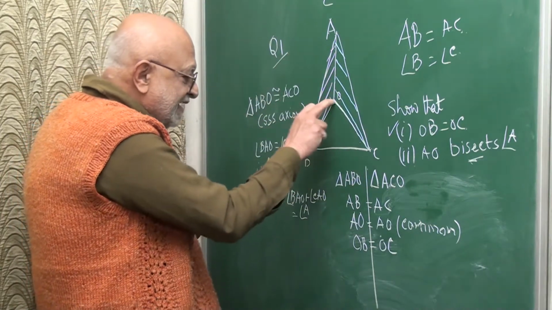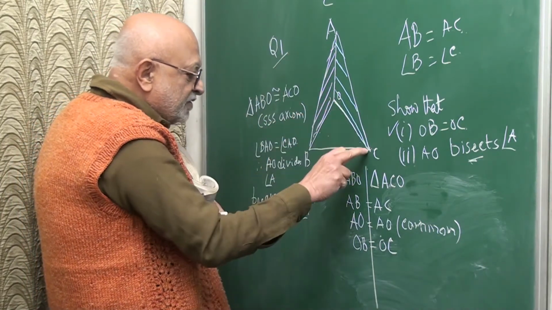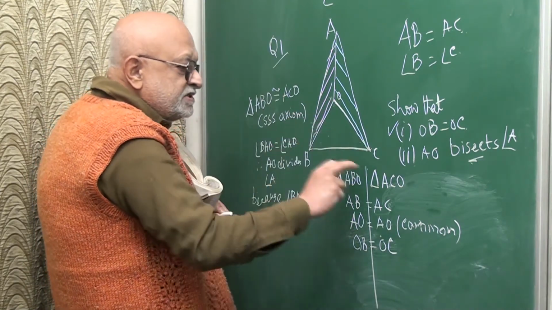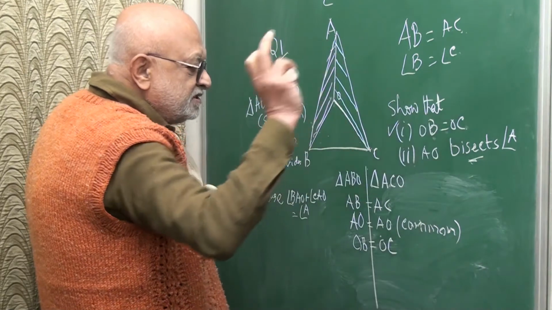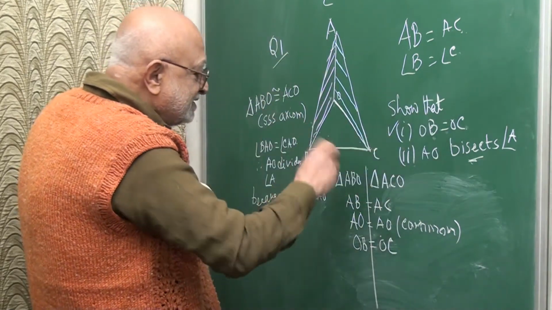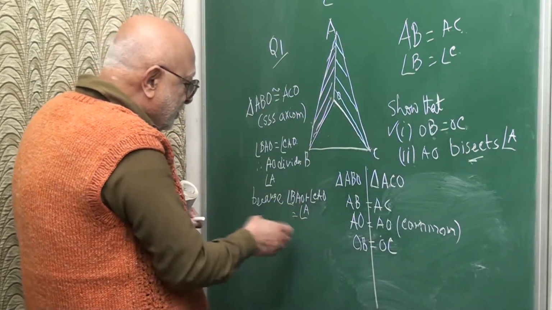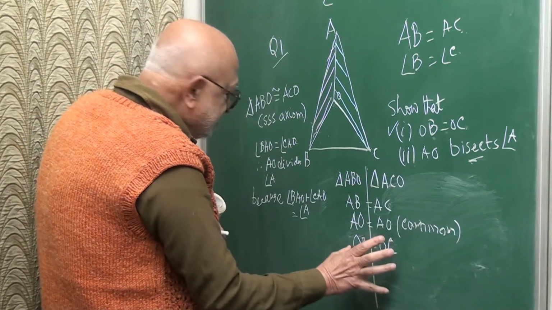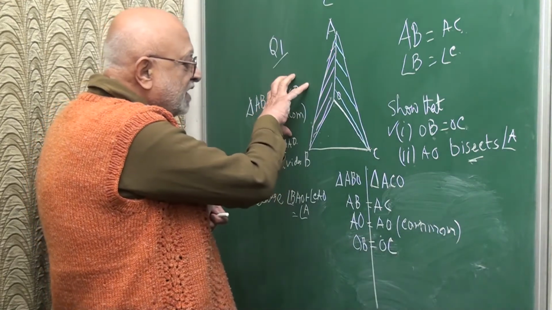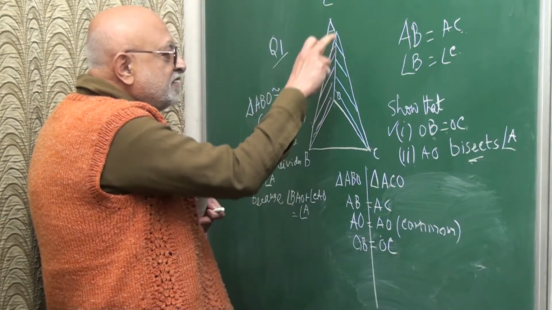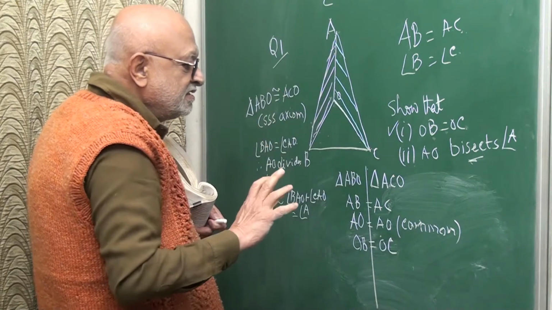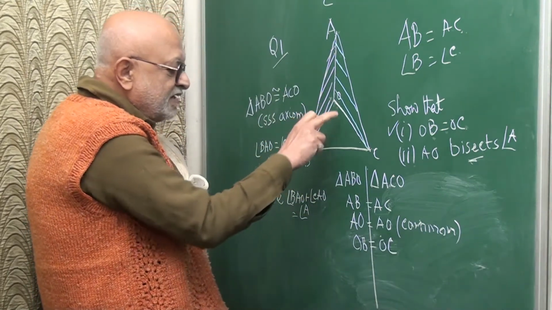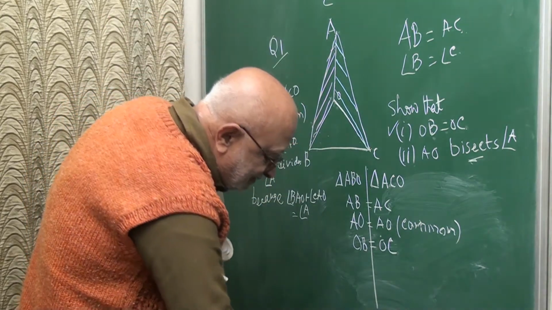Take this triangle, and then prove OB equal to OC first. Because once you prove this, then only you can prove the congruency of the triangle, and once you have proven the congruency, then only you can prove that AO bisects angle A.